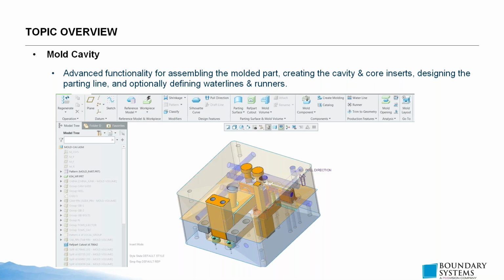Unfortunately, we can't fit all of it into a single webinar, but there's an enormous amount of functionality here that is highly powerful for doing all of the divisional operations that you see on the screen in this example that are necessary. We have to create space claims for heel blocks and sliders and inserts and pins, etc., inside of the mold to declare all these spaces and make all these component parts, or declare them on a bill of materials, so that they become included in the tool design.